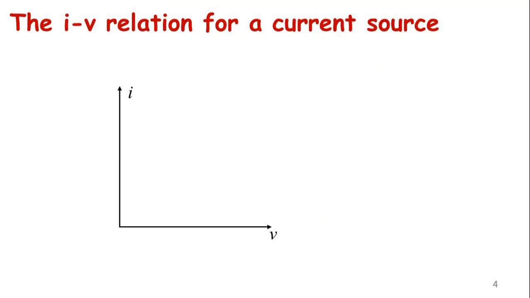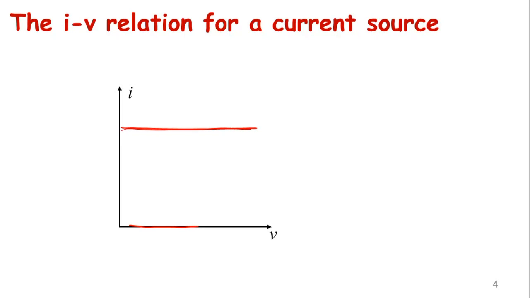So before we go on to new material in this sequence, I wanted to refresh your memory on the IV relationship for a current source. So recall what the IV relationship for a current source was. For an independent current source, no matter what the voltage was, my current was a constant. So this is the IV relation for a current source.